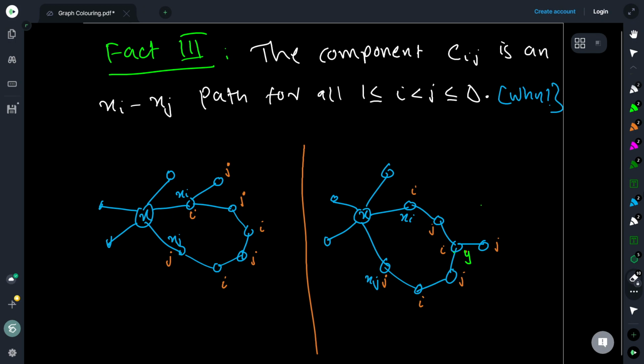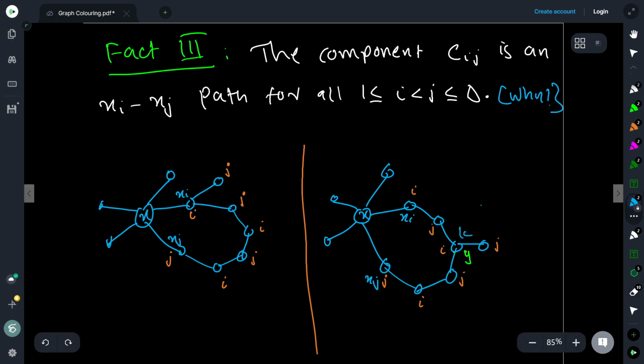So some color other than i and j is available, and I can color that vertex with that color. Let's say the color k. Suppose I color it with color k, then what happens?